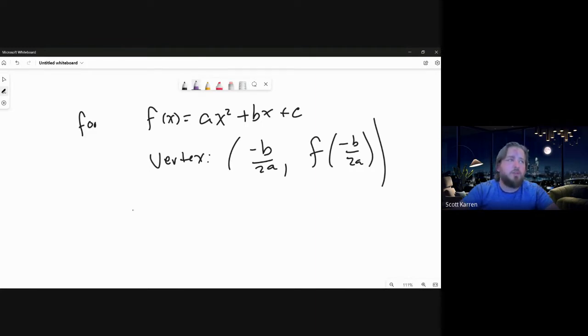So for example, if I have, let's say, 2x squared minus 3x plus 8, and I want to find the vertex without going through all of that completing the squares stuff, I can just say, well, negative b over 2a is the opposite of negative 3, so that's 3, over 2 times a, but a is 2, so 2a is 4.